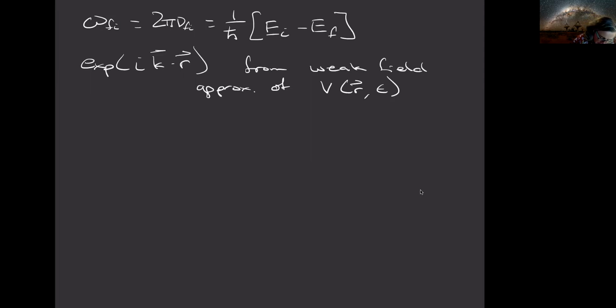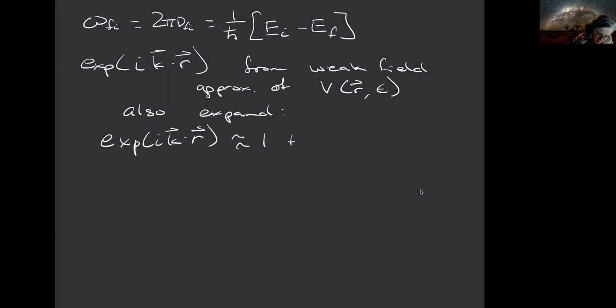And you can also expand this into the true dipole form, so that the exponential of i k dot r is 1 plus i k dot r plus 1/2, just a standard expansion of this term.